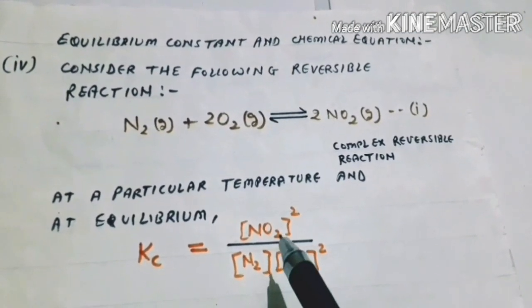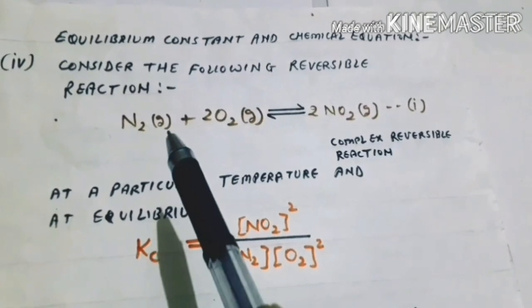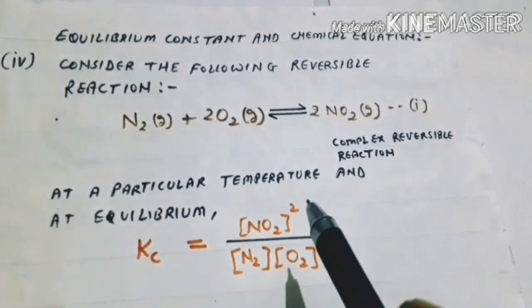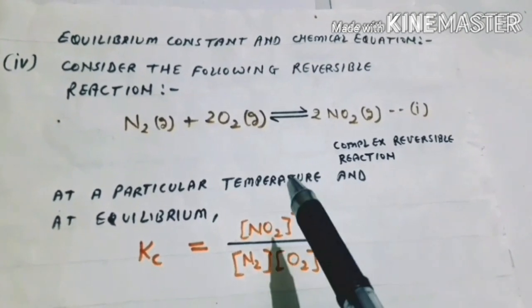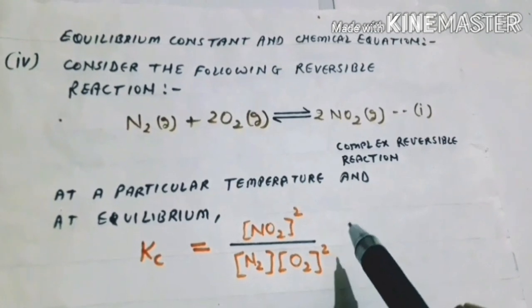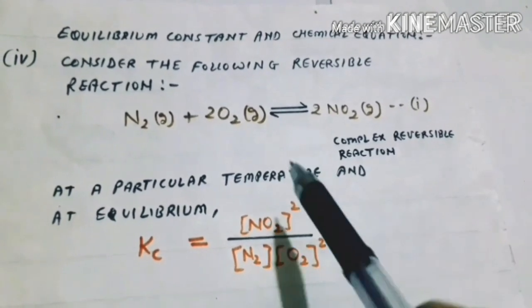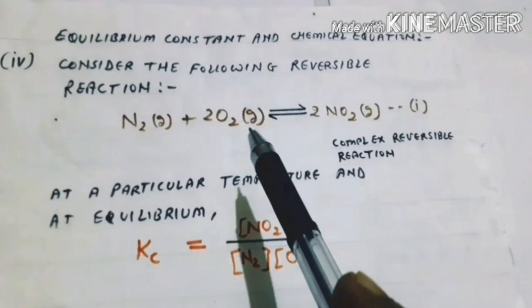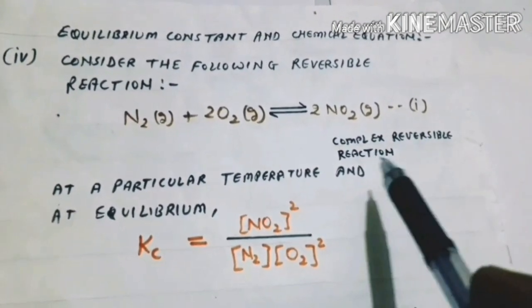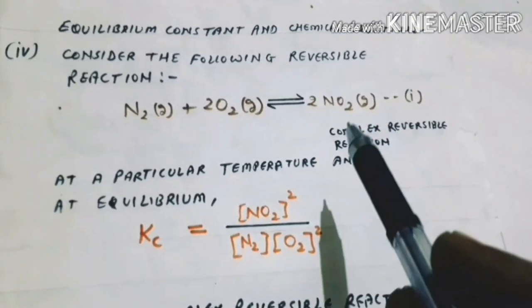So power 1 is the stoichiometric coefficient of reactant nitrogen gas of the complex reversible reaction, into the concentration of reactant oxygen gas in mole per liter raised to power 2. So here power 2 is equal to the stoichiometric coefficient of reactant oxygen gas in the balanced chemical equation 1 of the complex reversible reaction.